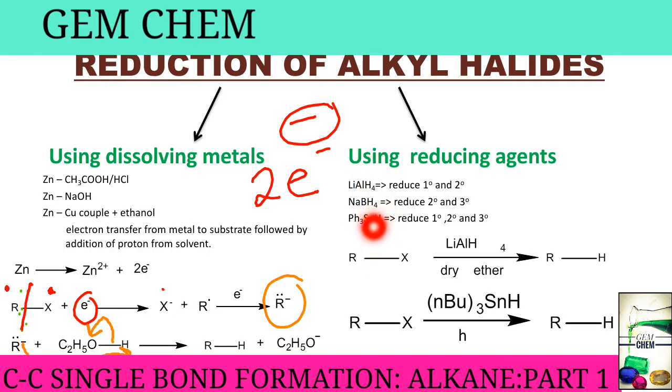These reagents have different properties to reduce different kinds of alkyl halides. 1 degree and 2 degree alkyl halides are reduced by lithium aluminum hydride, 2 degree and 3 degree are reduced by NaBH4, and 1 degree, 2 degree and 3 degree are reduced by Bu3SnH. The important thing is that they have different selectivity for different reagents, but the substrate is the same, that is, alkyl halide.